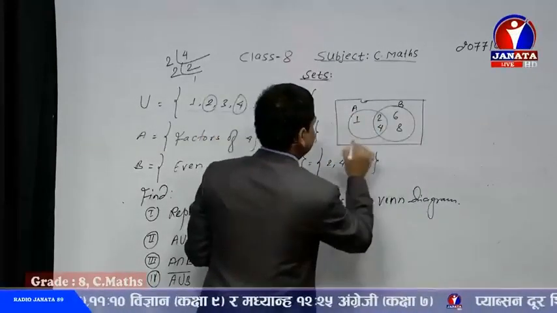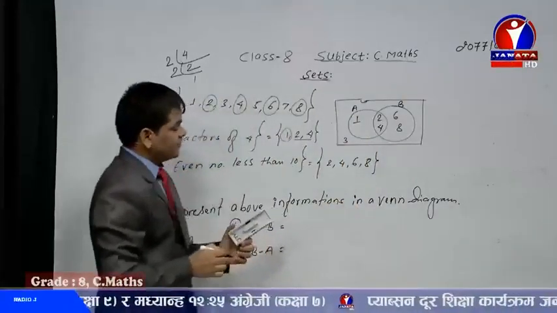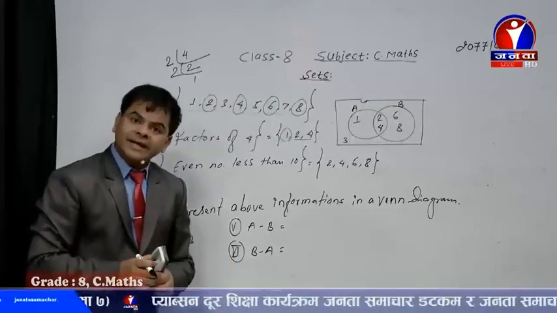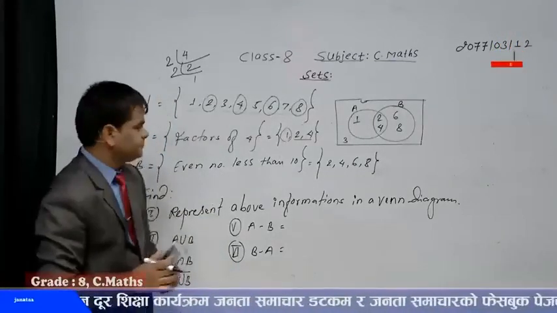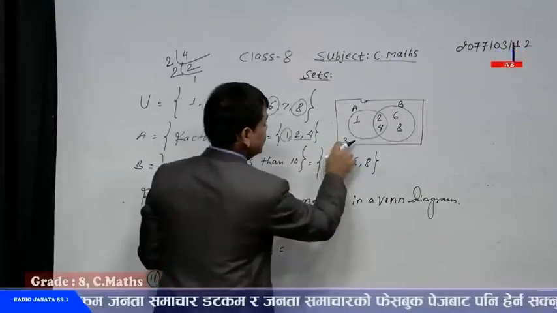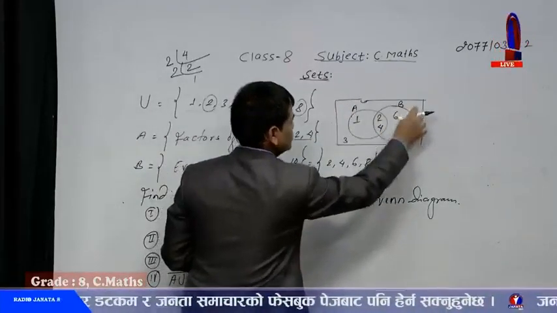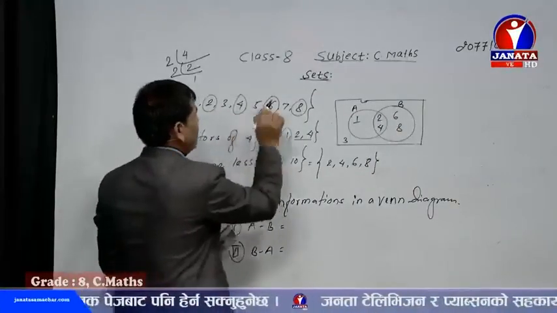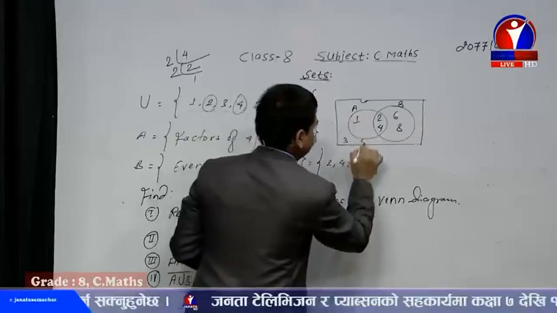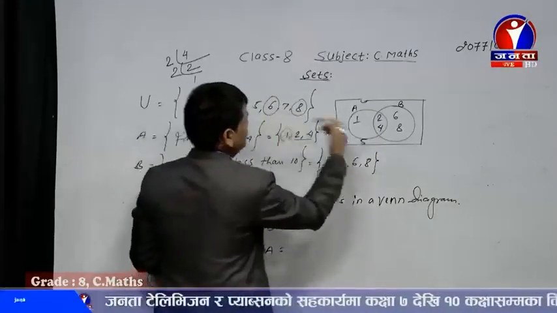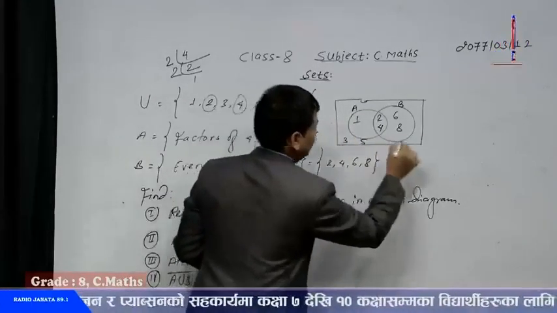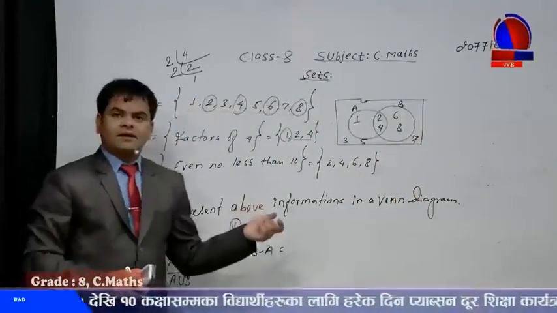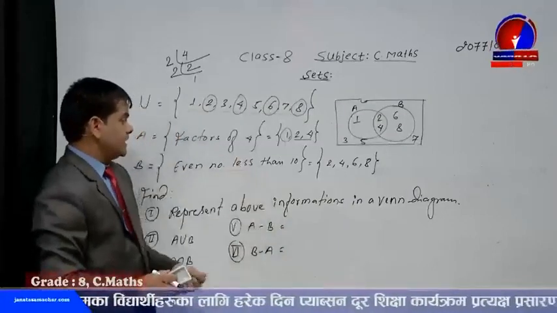Let's keep 3 wherever there is maximum space, so that the Venn diagram looks neat and clean. So I have represented 3 here. You can represent it either here or on this side also. Now 4 we have already represented. Now 5, so let's keep 5 here. 6 and 8 we have already represented, but 7 remains, so you can keep 7 here. So this is the way of representing the information in a Venn diagram.